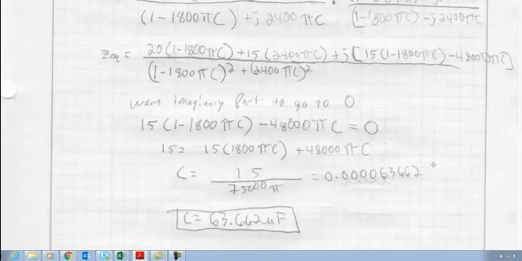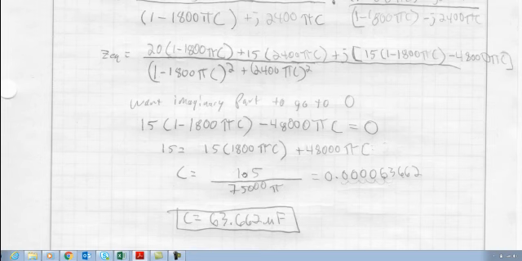So I can go ahead and multiply this by 15, leave that on the left side, and shift all these negative values over to the right, and I can get together and realize that that is going to work out to be the total of 75,000 pi times c.